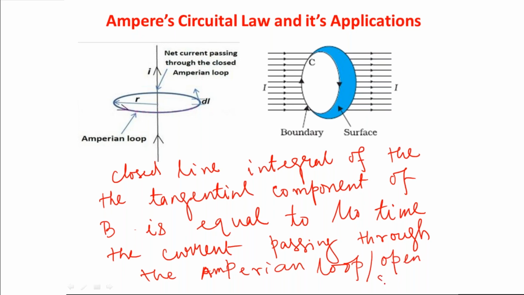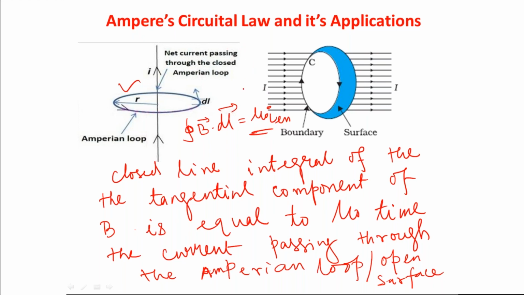Or even you can write open circuit. So this is the statement, and the mathematical form of that statement is this: B dot dl. You have to obviously draw this, and then write B dot dl is equal to mu naught I enclosed. Okay, so this is the way you have to write Ampere circuital law.